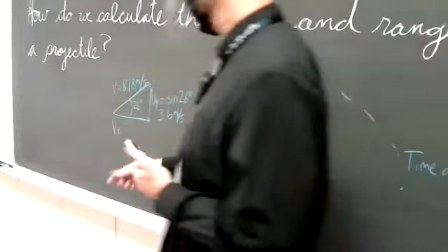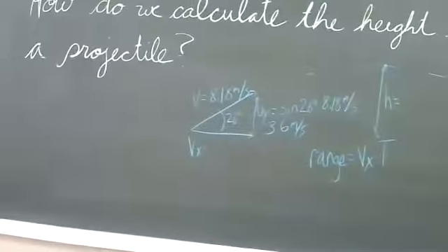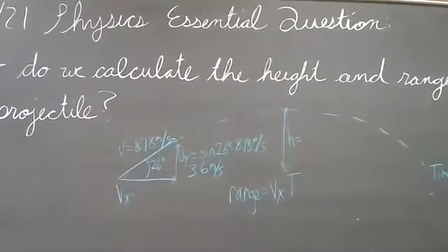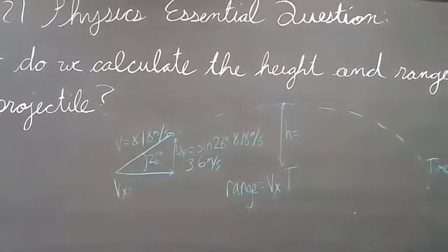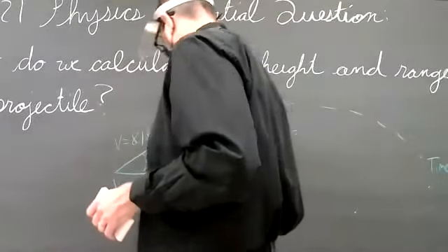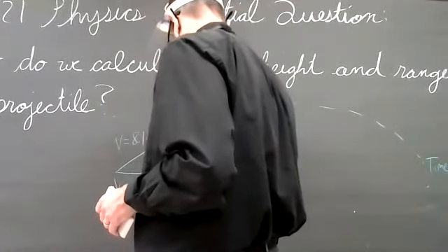And so the x component will be cosine of the angle, 26 degrees, times 8.18 meters per second.